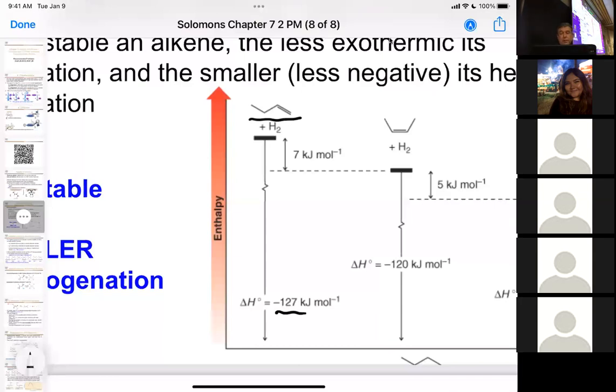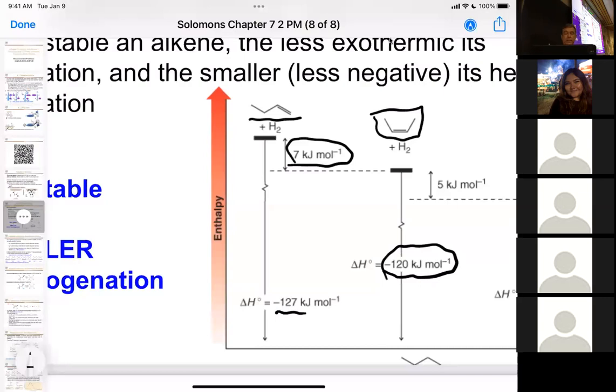So let's compare it to a cis alkene with the internal double bond. We said before that the internals are more stable. Let's see if that's true. When we hydrogenate that, it gives off only 120 kilojoules per mole. So that means there's a 7 kilojoule per mole increased stability in the cis.